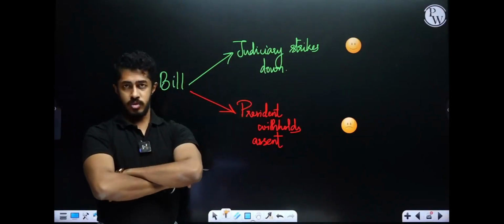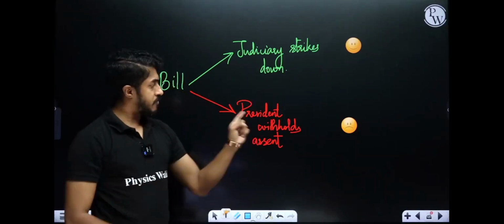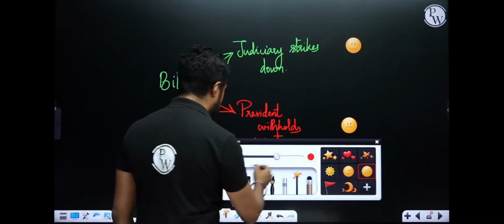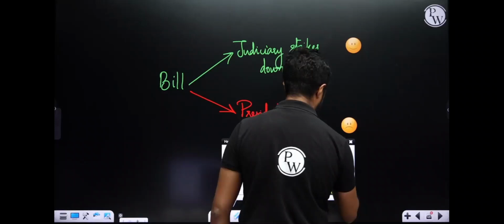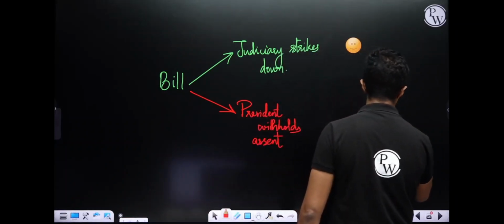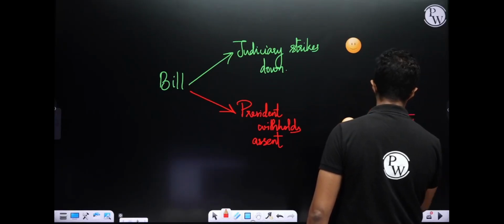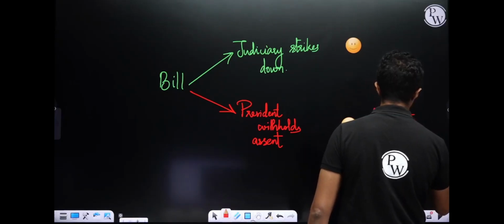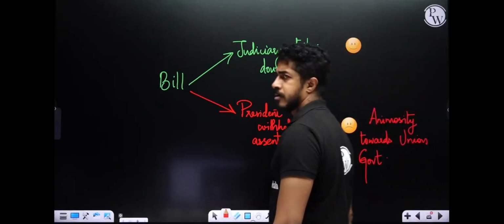They'll be like, oh, this problem is there. Fine, fine, fine. Same bill, if the president strikes it down, they will have a problem, and that will actually lead to what? That can actually lead to animosity towards the union government. Correct?